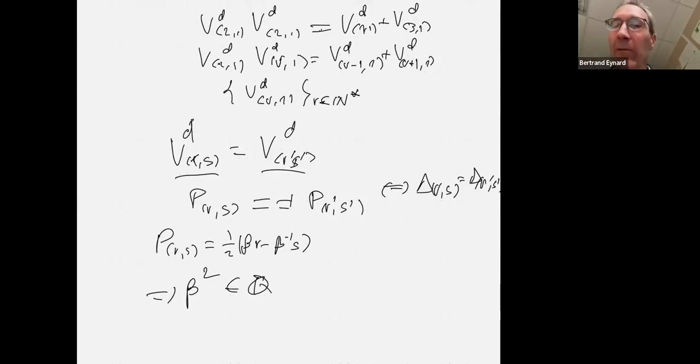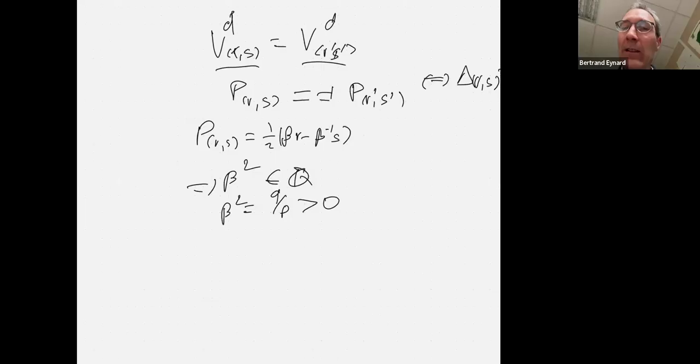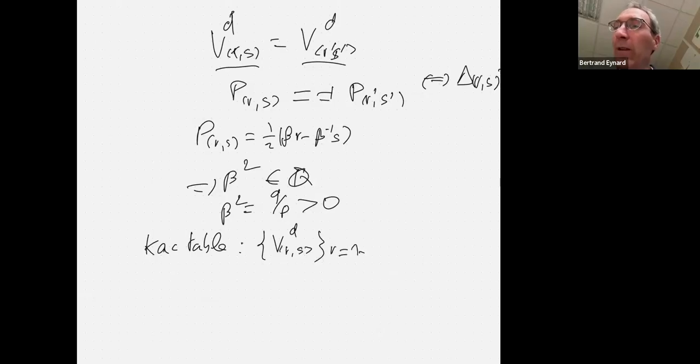In fact, not only rational, but it turns out if you want a minimal model, you need beta squared equals Q over P, which should be strictly positive and not negative. And then the spectrum of your model is given by the Kac table, which is a set of degenerate fields, V_D(R,S), where R is an integer going from 1 to P minus 1, and S goes from 1 to Q minus 1.